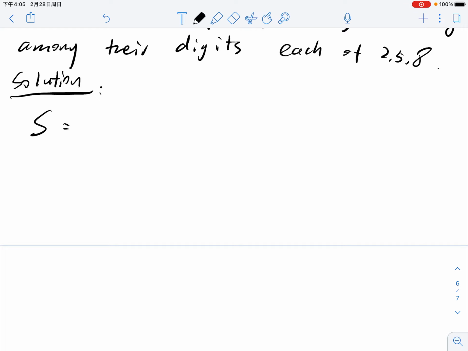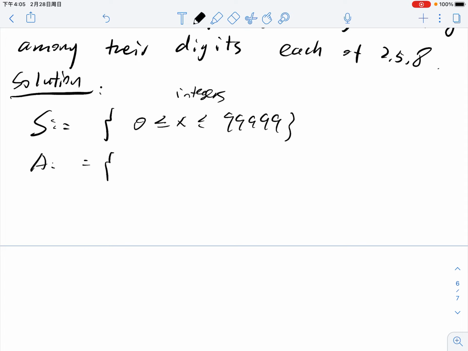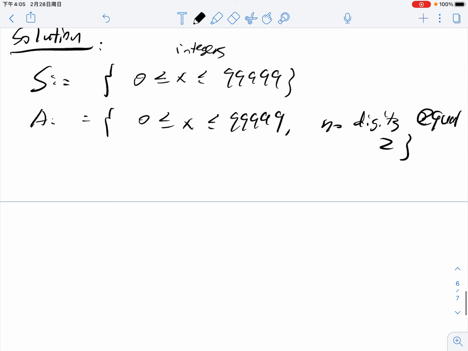So here the set S is of course all integers, and A is no digit 2.